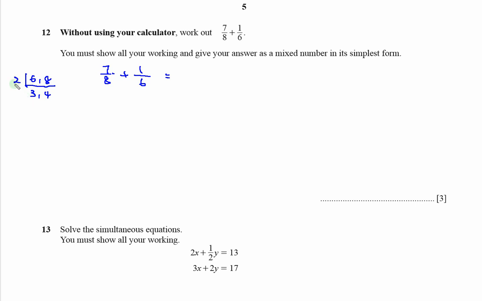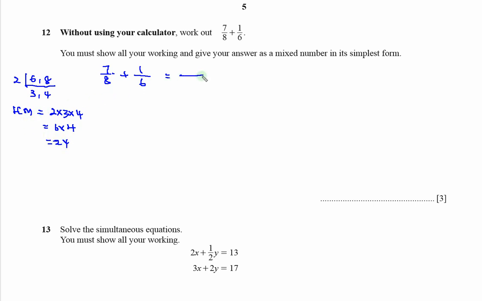Do you have a common factor between 3 and 4? There is none. If there is none, then very simple, the LCM becomes 2 times 3 times 4, so it actually is 6 times 4, which is 24.